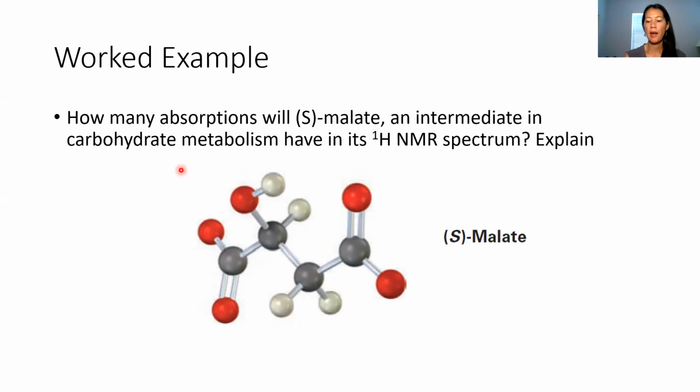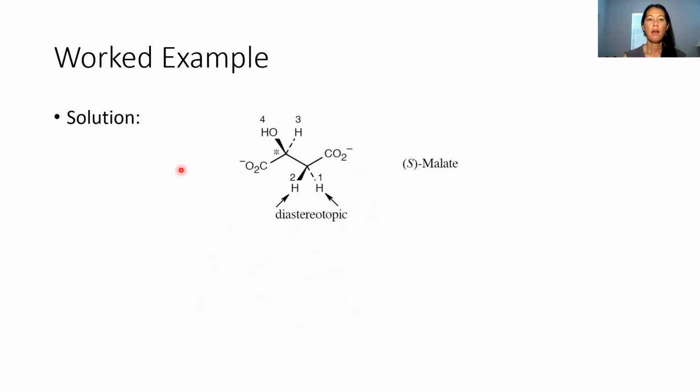Okay, so now you tell me how many absorptions. Again, if you want to look at this in a structural format here, these two are diastereotopic, and then you have this CH and the OH. These are all going to be non-equivalent.